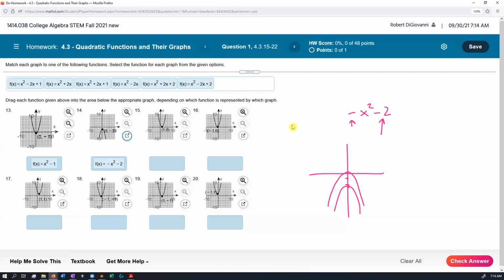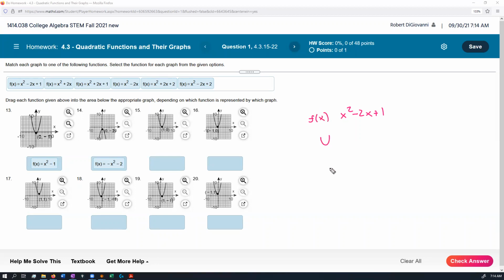Okay, now for the others, let me take a look at that first one there. The first one is x squared minus 2x plus 1. So for that function, I know it opens up. If I try and get the vertex, I'm going to take this number here, that's b.